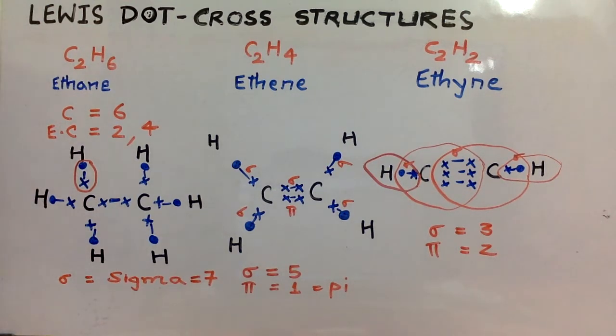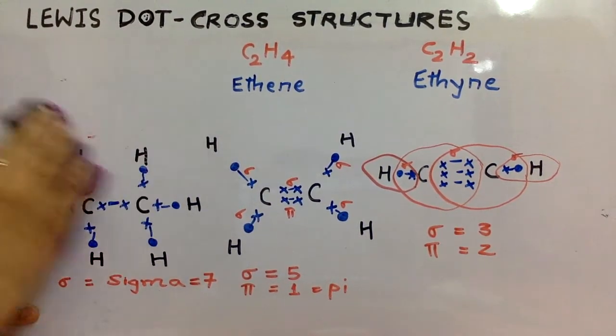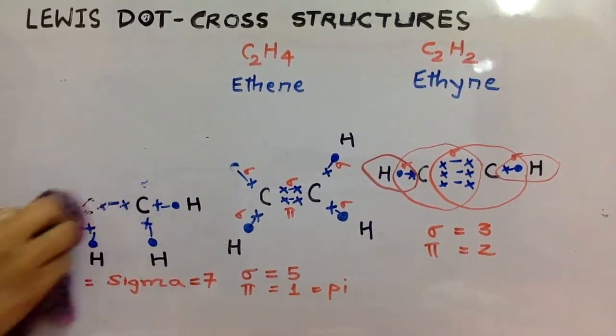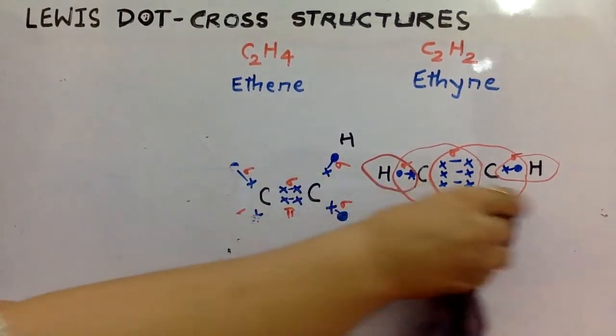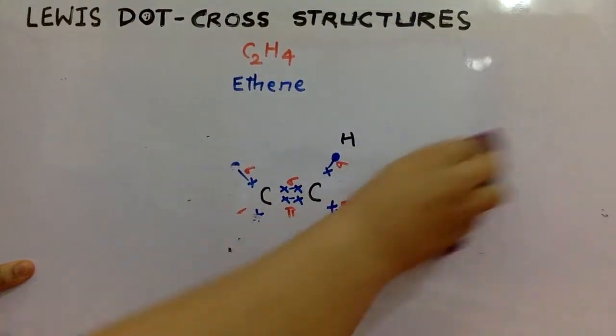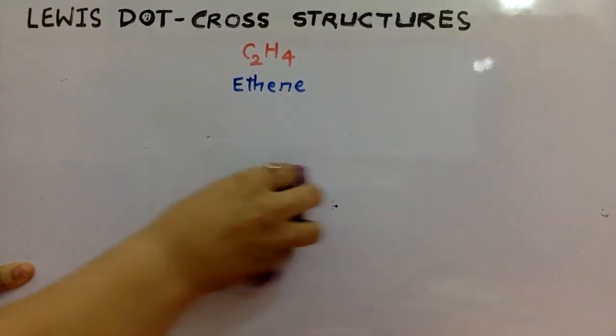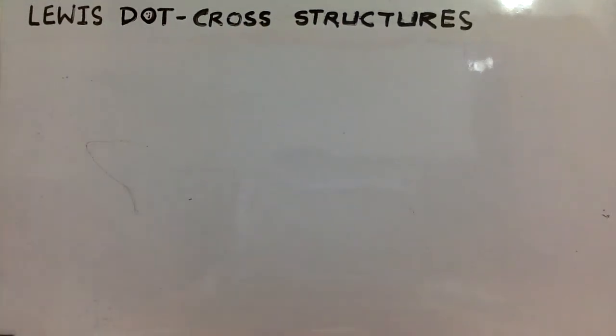Okay, I hope this is quite clear to all of you. And now we go to the next set of structures, wherein we will take the molecule of BeCl2, that is beryllium chloride, and carbon dioxide.